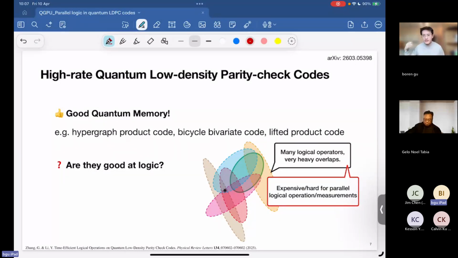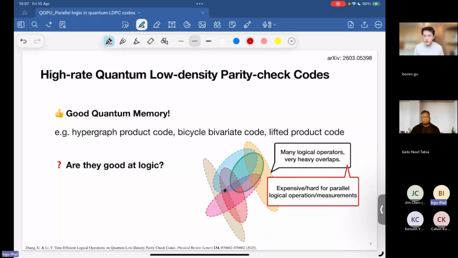Or at least you need extra physical overhead to preserve your logical operators. In that sense, high rate involves a trade-off: you are high rate in the space sense, but on the time scale it is not high rate anymore.